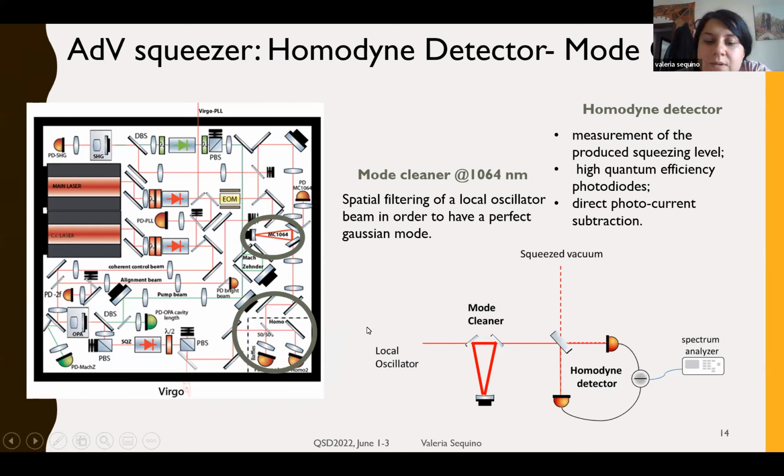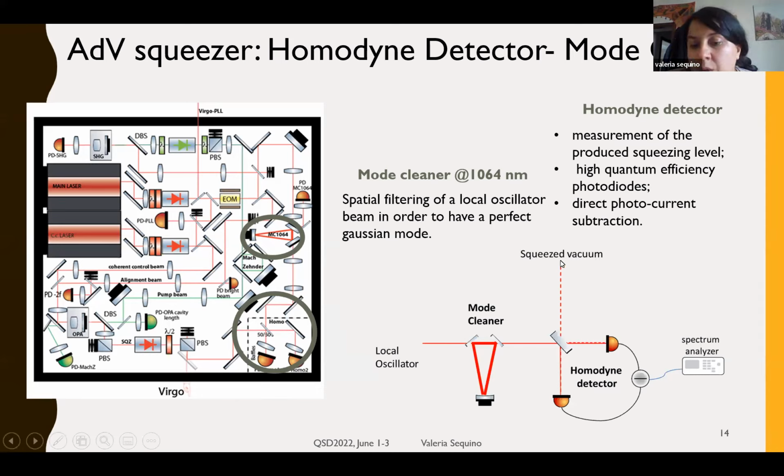We have this beam that is called the local oscillator. That is a beam that is much brighter with respect to the squeezed beam. This is mode cleaned using a triangular cavity, in order to make it a perfect Gaussian mode. When it arrives at the 2 photodiodes, all the classical noise is subtracted, and only the shot noise is measured.